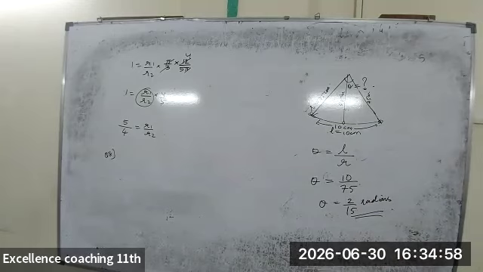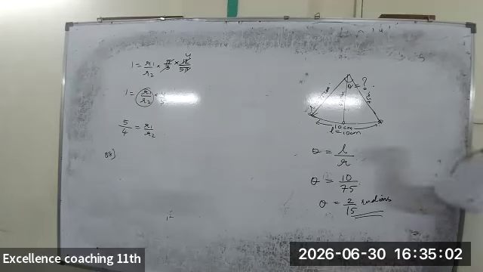If they had asked in terms of degrees, then you have to multiply it by 180 upon pi and do that long division. Okay, so these are your topics.